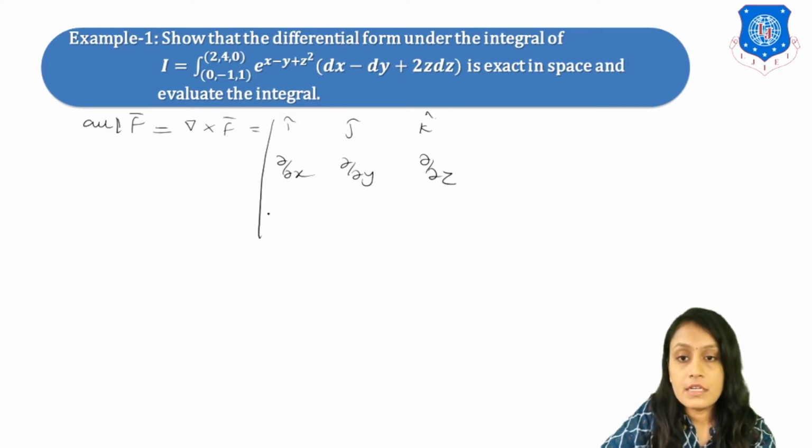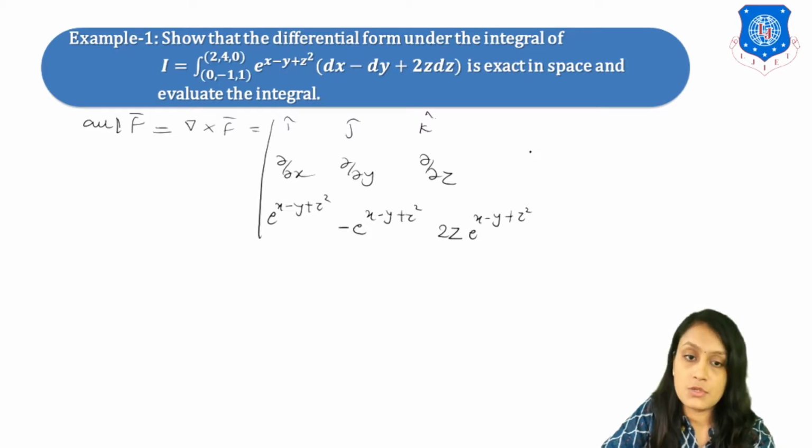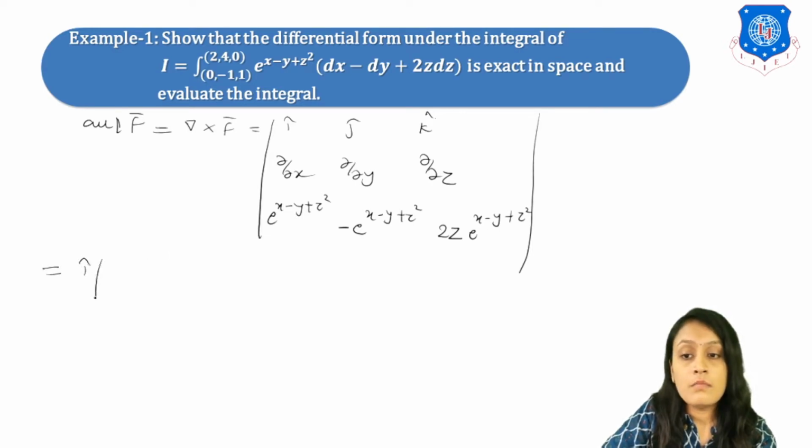F1 is e raised to x minus y plus z square. F2 is minus e raised to x minus y plus z square. And f3 is 2z e raised to x minus y plus z square. This is an important example, and make sure that you don't make any mistake while solving this determinant.